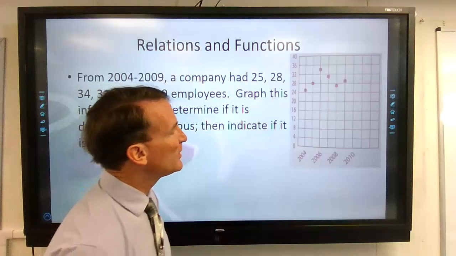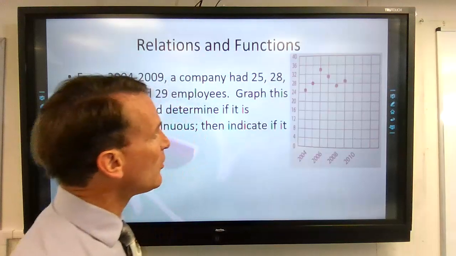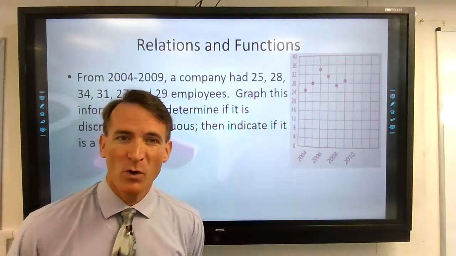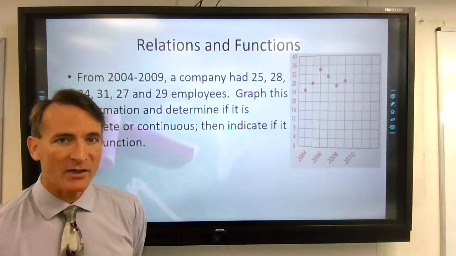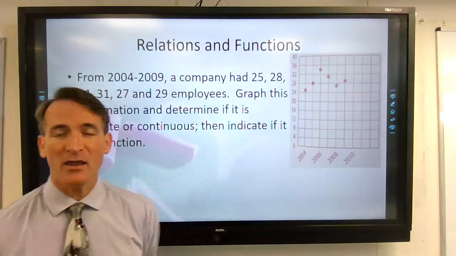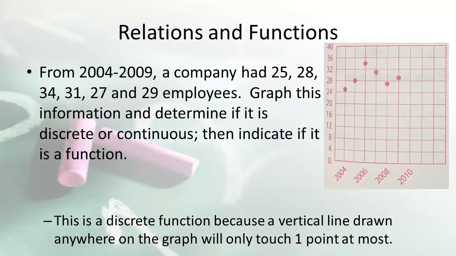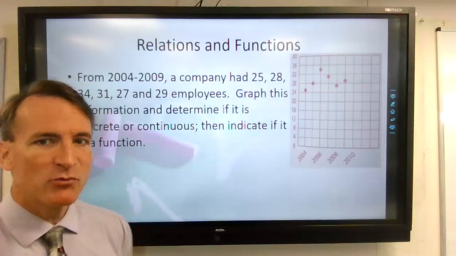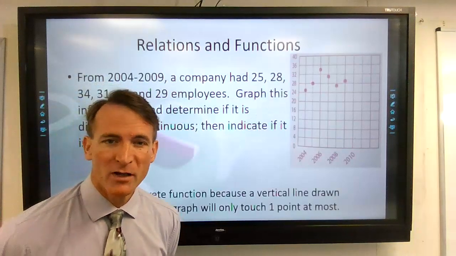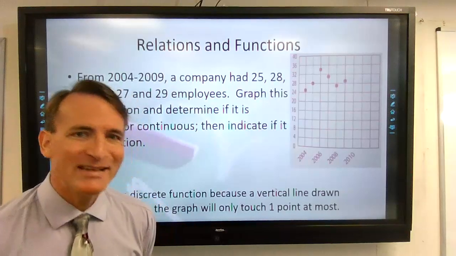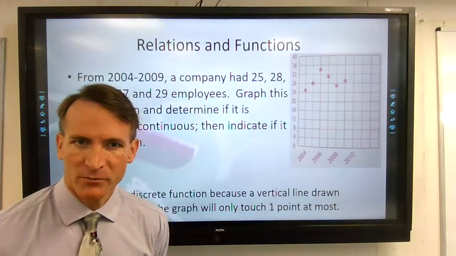Looking at this, we can see that there is only one value of y for each value of x. So it is indeed a function. It is a discrete function. Now, my next question goes a little bit beyond what we have written up on the board. I would ask you, is it a one-to-one function?